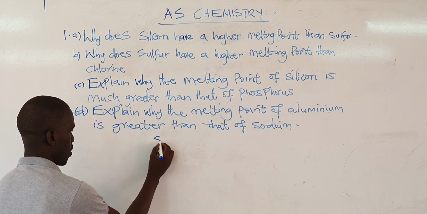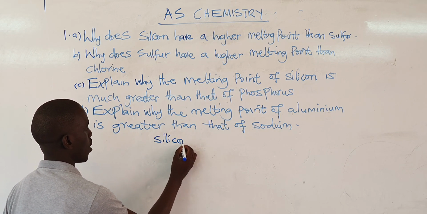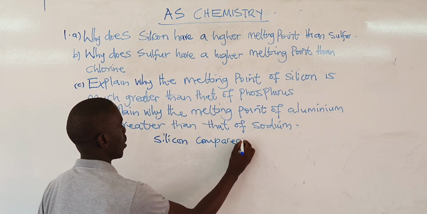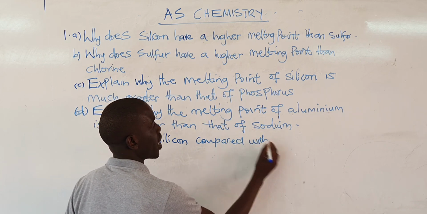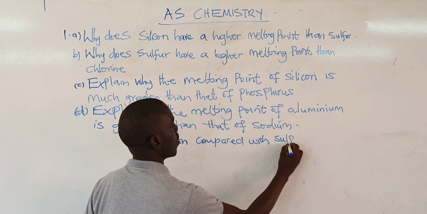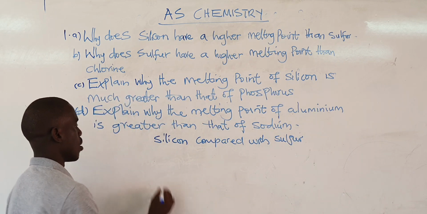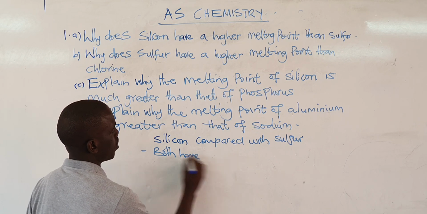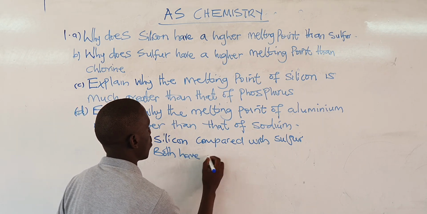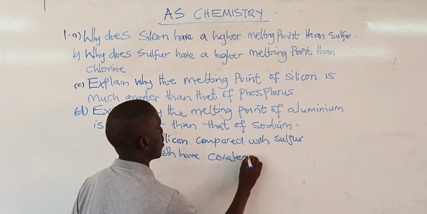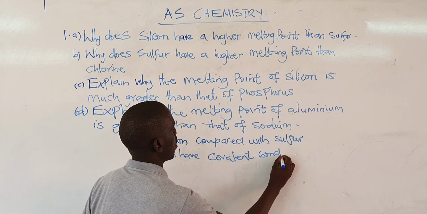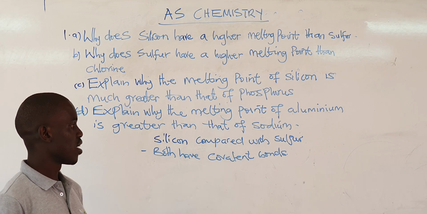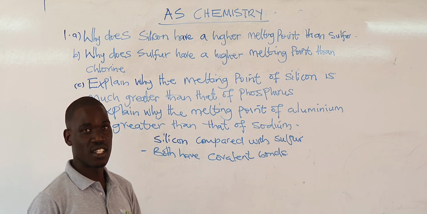So, silicon compared with the sulfur, both have covalent bonds, but the bonding in silicon is greater than the one in sulfur.